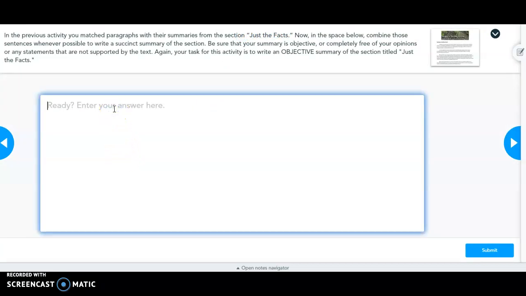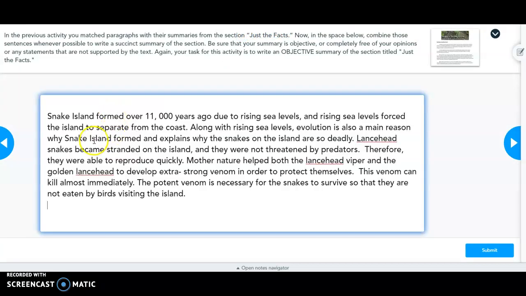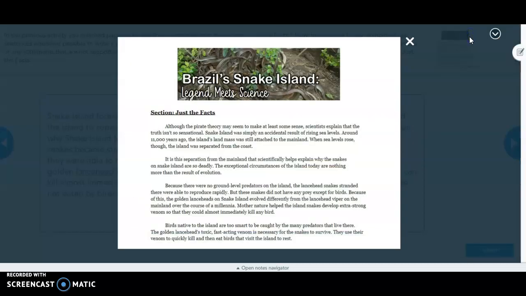So what I'm going to do is type mine in here, and here is my objective summary. I am taking the main ideas from each of these paragraphs and putting them together in one fluid paragraph, one summary that tells all the specific important details that the author wrote.